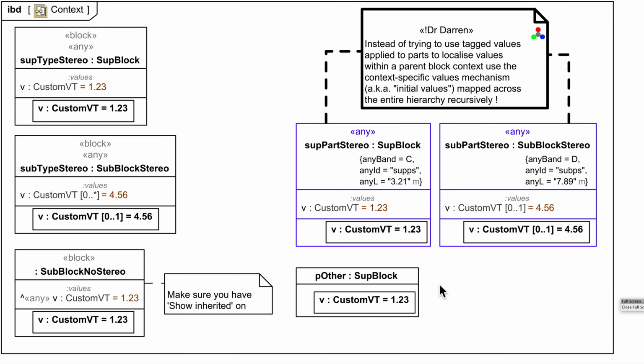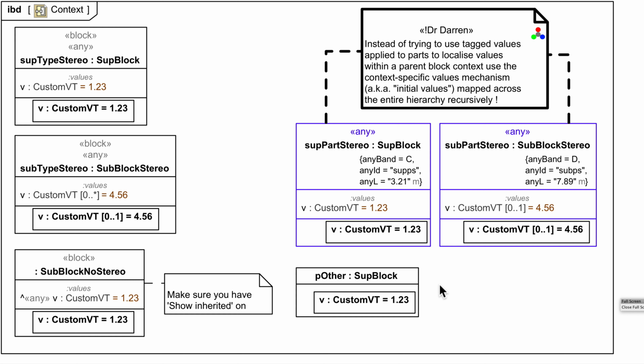We're going to have a very quick look at how to use context-specific values. They're otherwise known as initial values. I've never liked the term because they are not necessarily time-related. We'll see how they work.